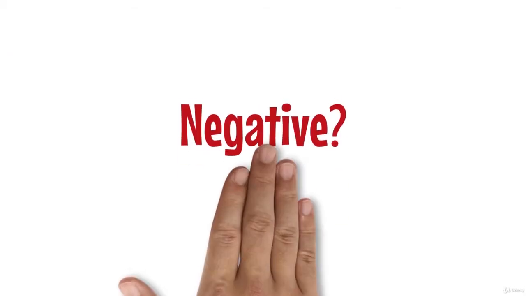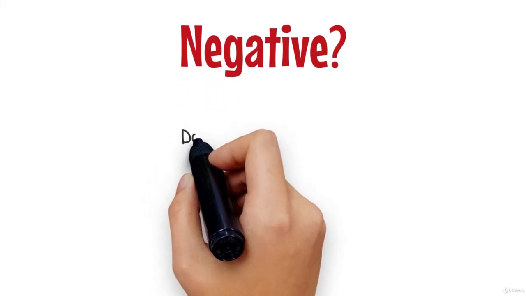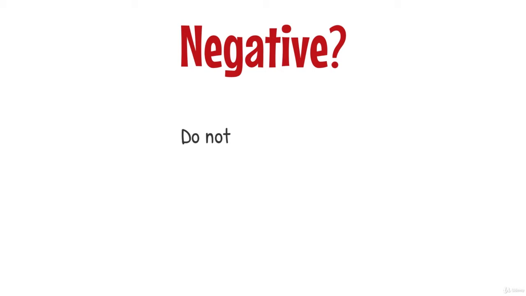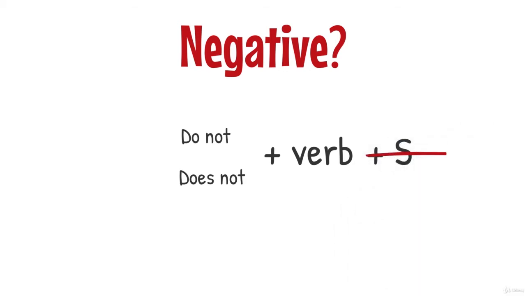So, how do we make a negative sentence? We put do not or does not before a verb. And just like in questions with does, we drop the ending s from the verb.